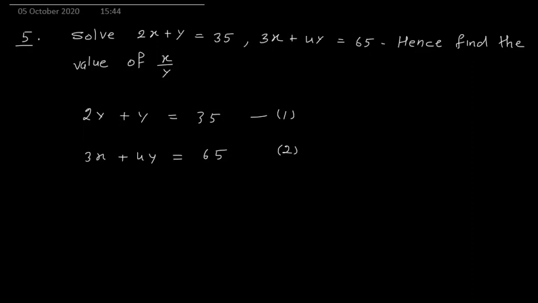What will we do? We will find the value of y. Always I have taken the value of x, but here it is preferable to take the value of y because y does not have any coefficient, so we will not get any fraction value.